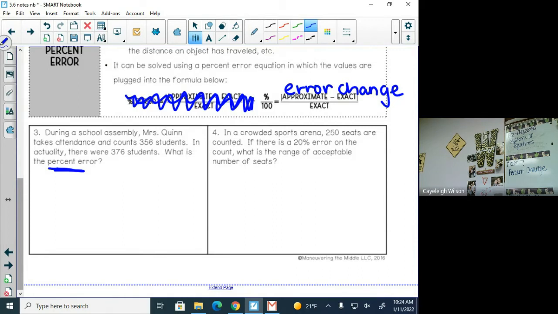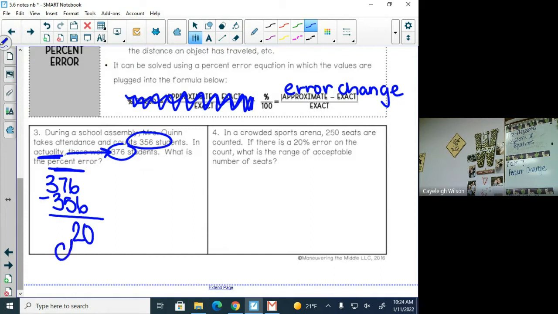Okay, so we know that she counted 356, but there were actually 376 students. Actuality means that's the actual amount, the exact amount. So first thing I'm going to do is subtract them to find the change, to find that error change. So 376 minus 356, and we find that that's 20 students. That's the change.